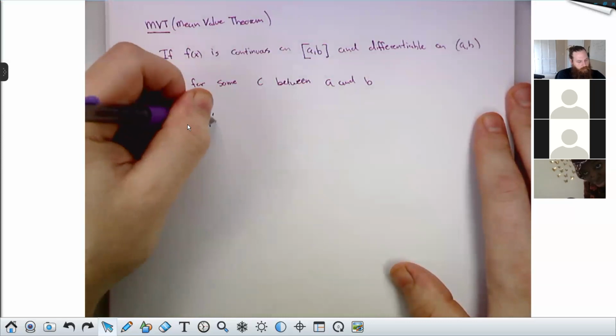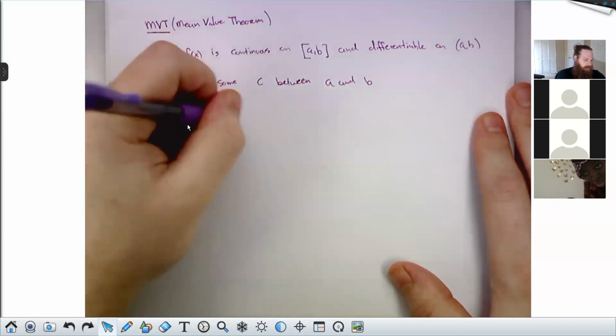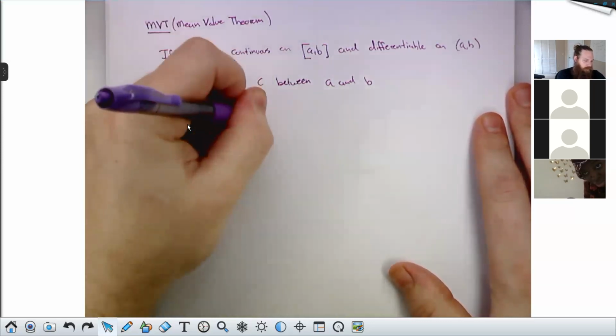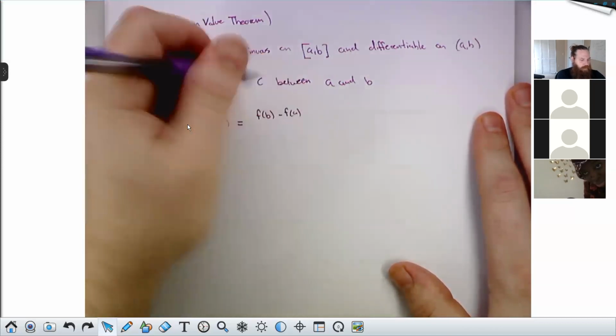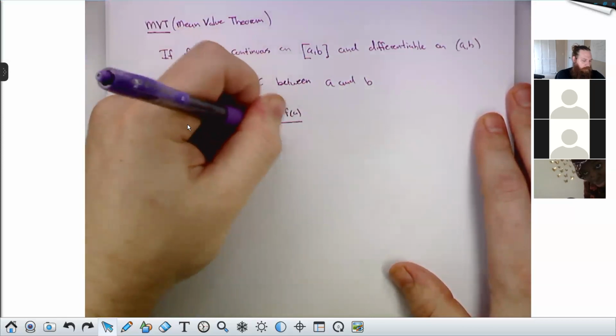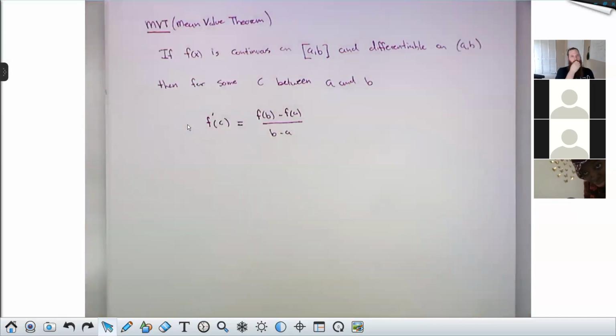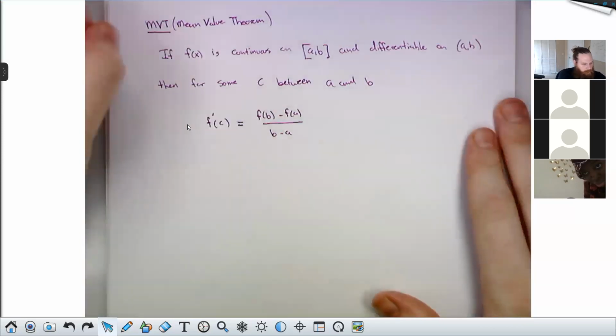The derivative of f evaluated at c is equal to f of b minus f of a, all over b minus a. This is one way of stating the mean value theorem. I'll call it MVT1.